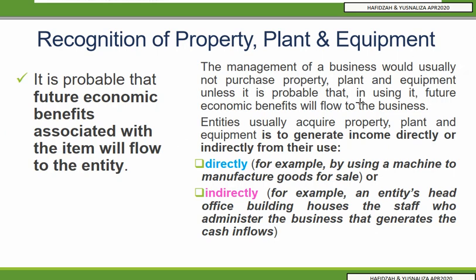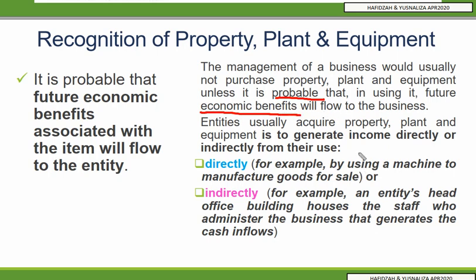The management of a business would usually not purchase property, plant and equipment unless, meaning you will not simply buy an item to be used in your business unless it is probable that by using it in the future, there will be an economic benefit that will flow into the business.